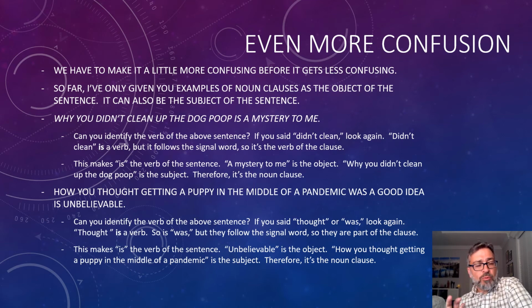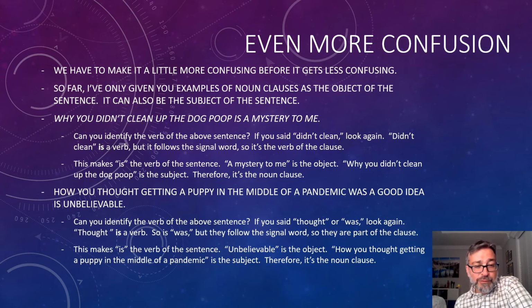So the sentence is a little bit strange, but the main thing here is we see why. So if you want to use your signal word to identify the clause, you know it starts with why. But the trick now is, where does that clause end? And the way you identify where the clause ends is you have to find the verb of the sentence.